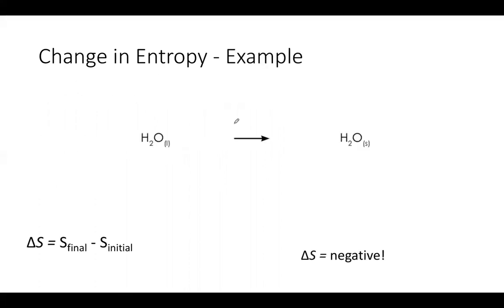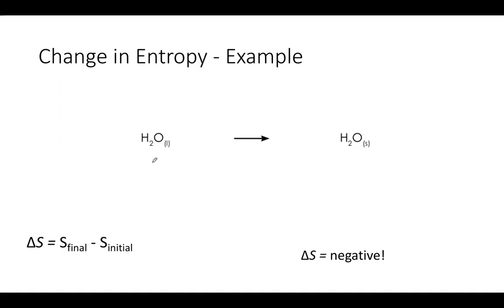So just as a little bit of practice, we're going to take liquid water and solid water. So of course, liquid water is in a higher state of entropy than solid water. If you go back to the tidy room analogy, you can imagine the particles in solid water are much more organized, they're much more ordered than that in the liquid water, which are allowed to slide past each other.